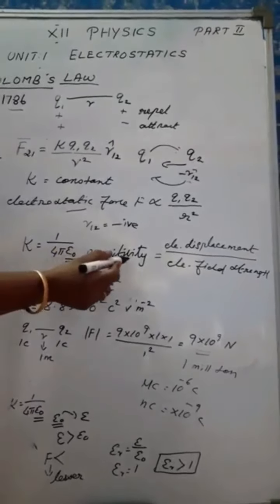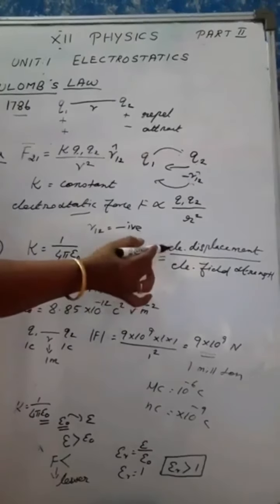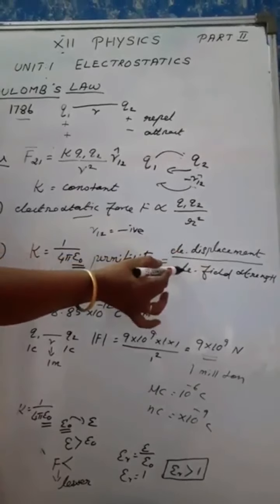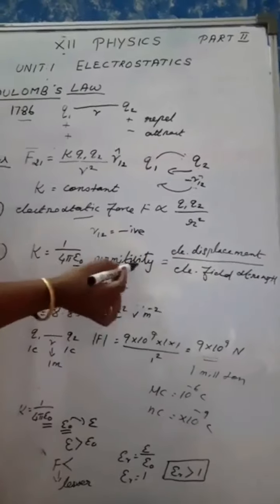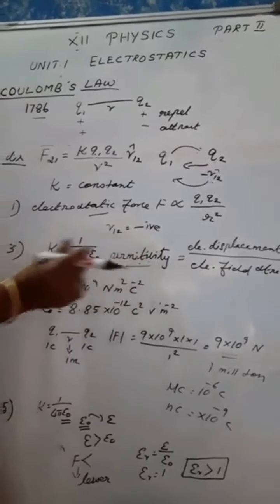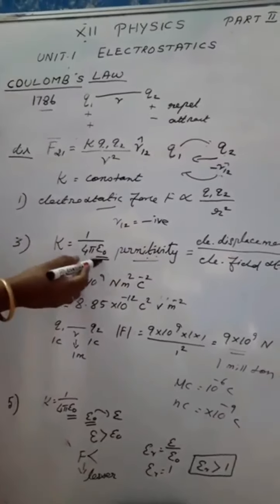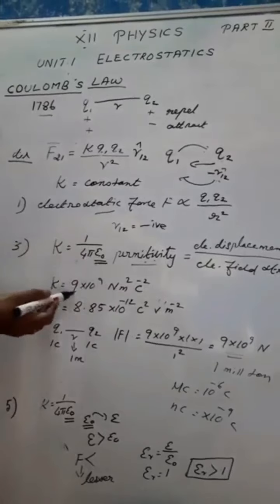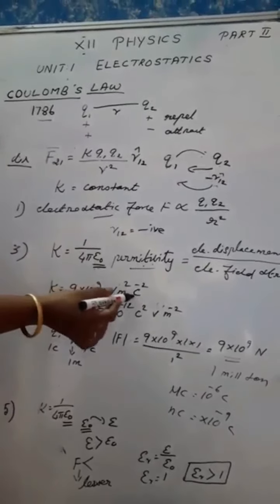The definition of permittivity is the ratio of electric displacement in a medium to the electric field strength. This is known as the permittivity of free space. So, epsilon naught is the permittivity of free space, and the value of K is 9 into 10 to the power 9 Newton meter square Coulomb to the power of -2.